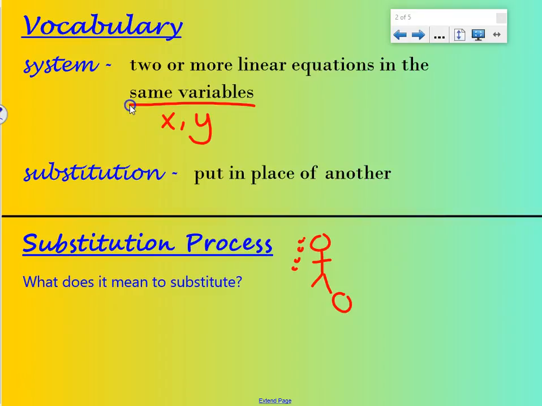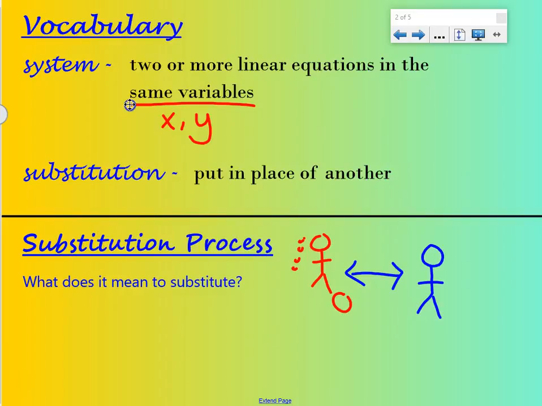So the coach is going to substitute Johnny over here for Kevin. They're going to switch spots. Johnny can't come onto the field along with Kevin, and Kevin can't go off the bench without Johnny coming in. They have to take the place of each other. One goes in, the other goes out to the bench.